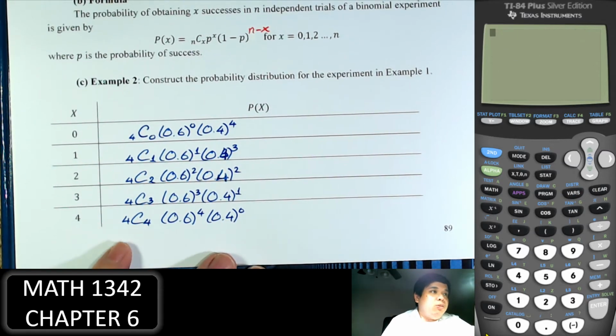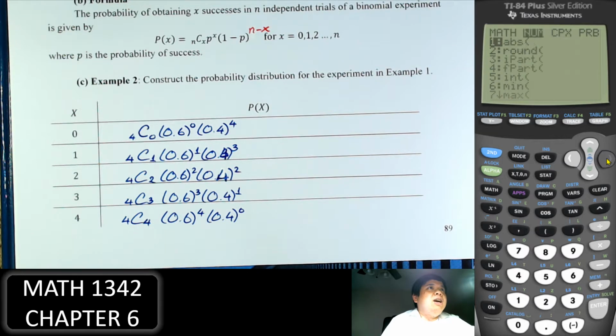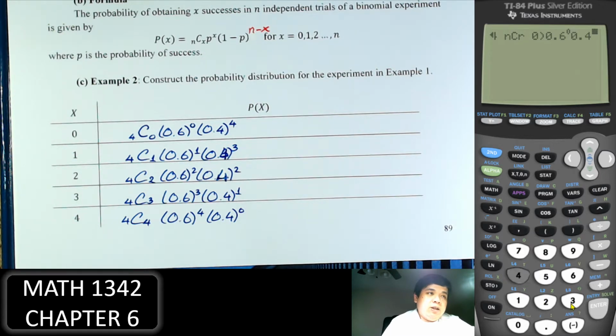Alright, so for the math, probability combination, just pick 0 first, and then we have 0.6 to the 0 power and 0.4 to the 4 power.